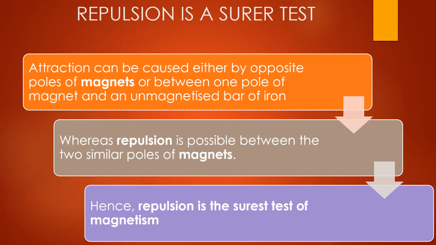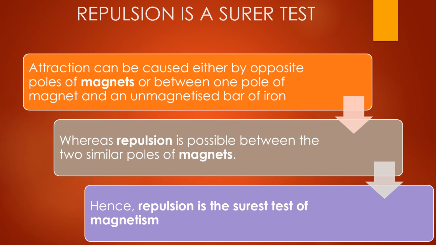So the next topic is repulsion is a surer test. Now, a magnet can attract as well as repel. The question is, why is repulsion a surer test? How do we know that if there is repulsion between two magnets, then both are magnets?